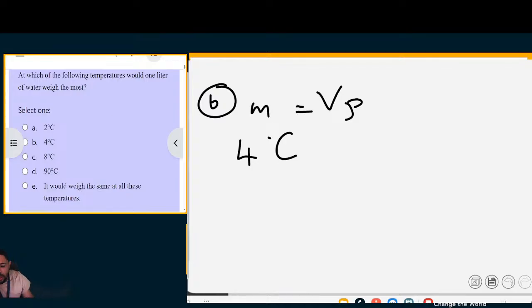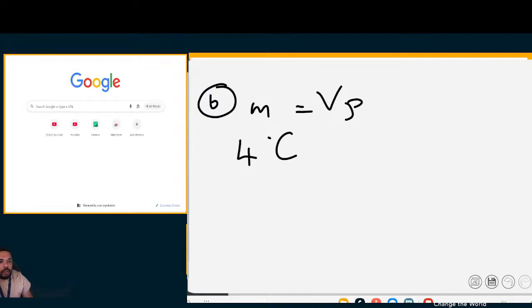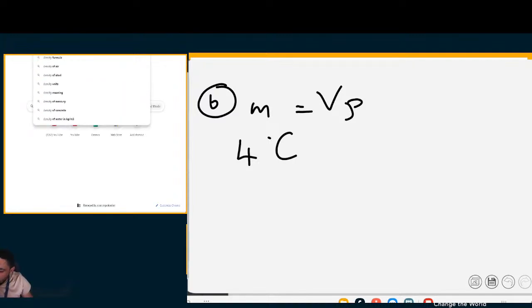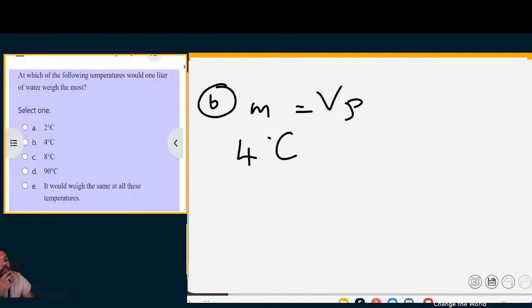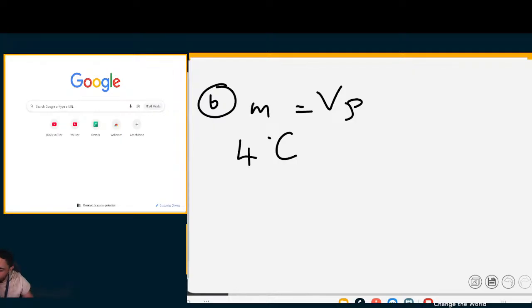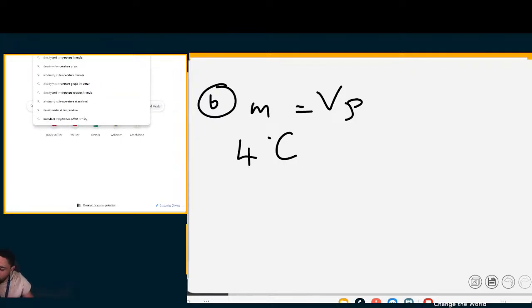Now, I want to see if I can find a graph of density versus temperature for water.